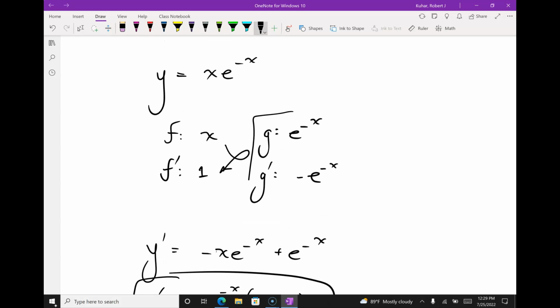Yeah, so the derivative, yep. So the inside function is negative x, agreed? And what's the slope of negative x? Negative 1. Yep.